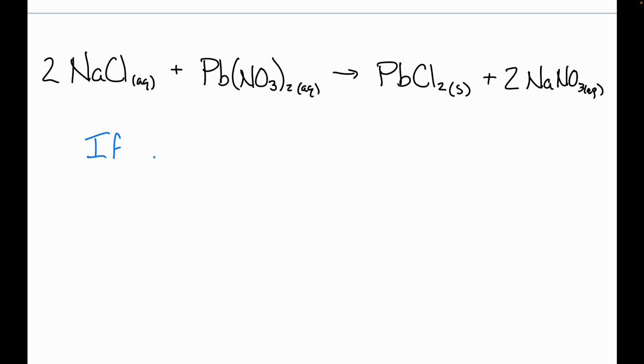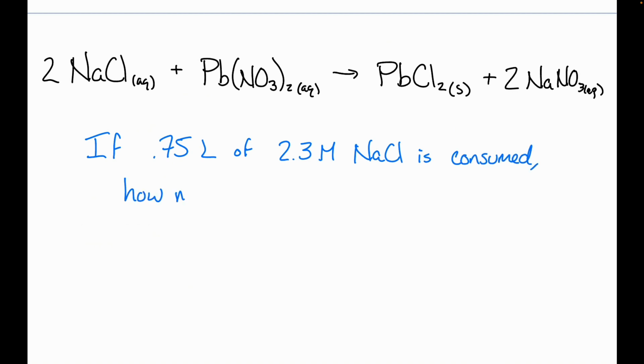So if 0.75 liters of 2.3 molar NaCl is consumed, how many moles of solid are produced?